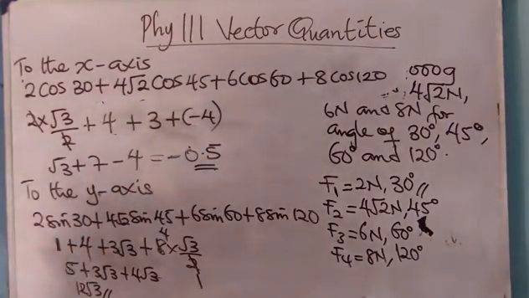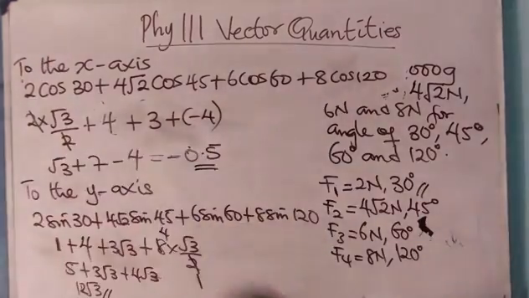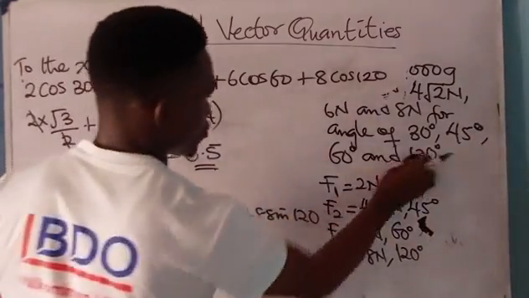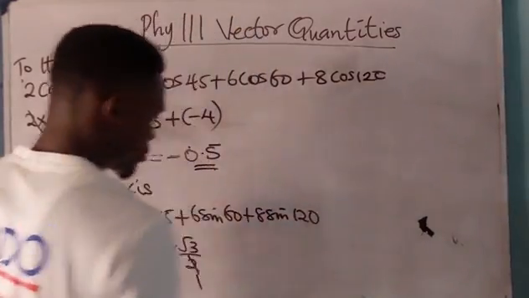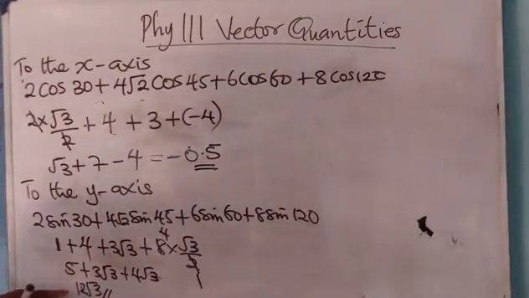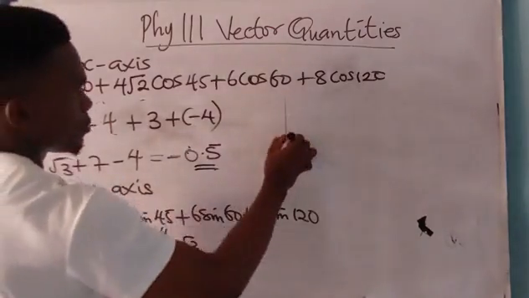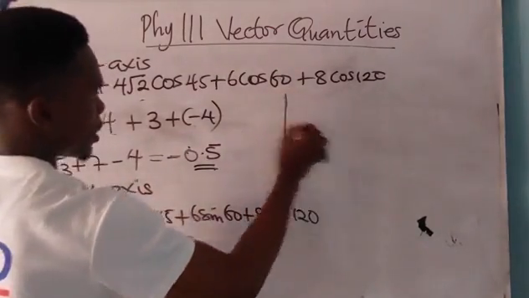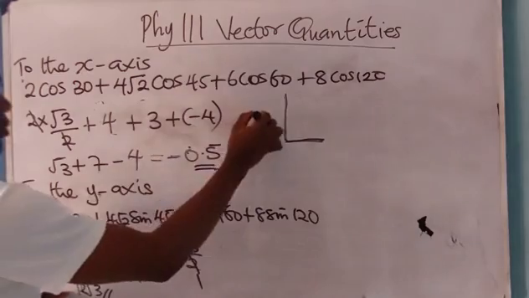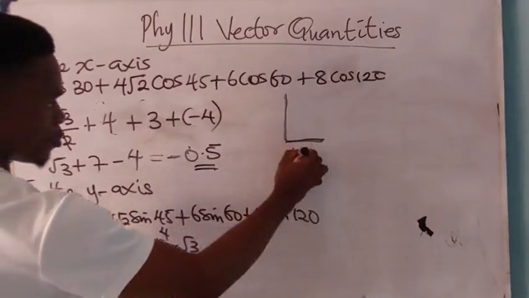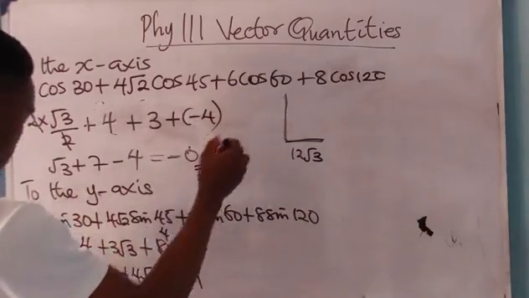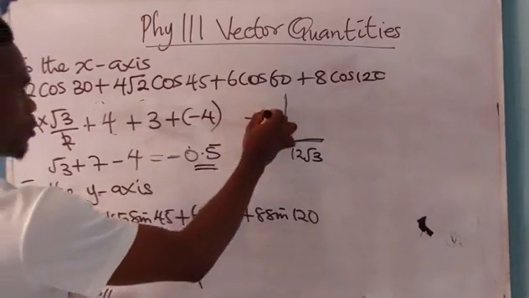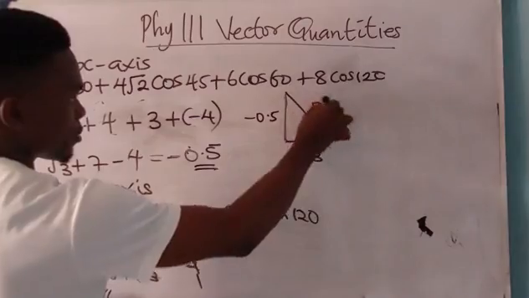Now, we apply Pythagoras theorem. My x-axis is 12 root 3, and my y-axis is minus 0.5, and this is the resultant.